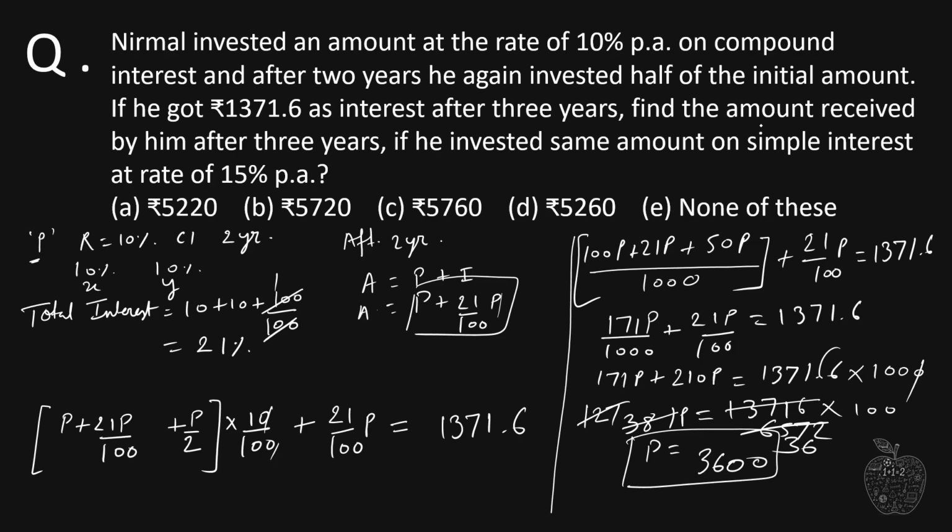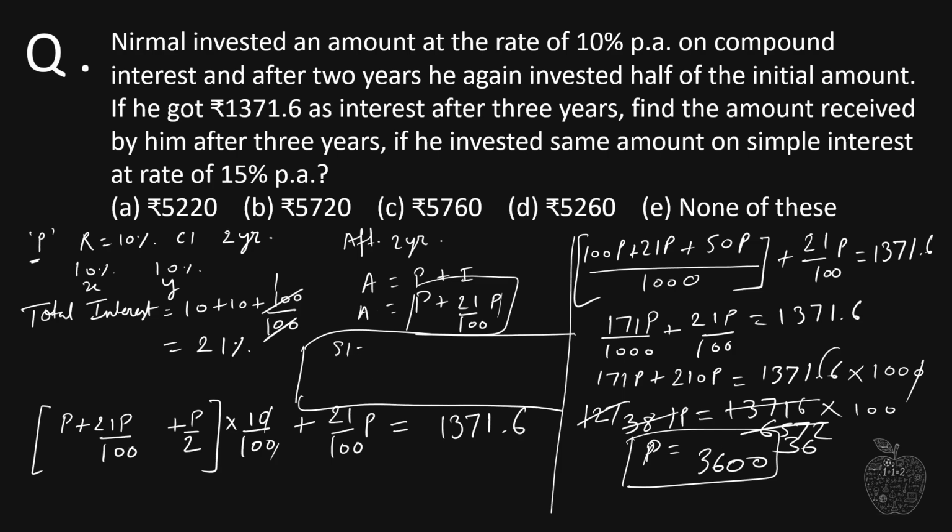Now the question is telling me that if we invested the same amount on simple interest. Now I don't have space here, let's create some space. If he invested the same amount on simple interest, that means P is equal to 3600 in simple interest.